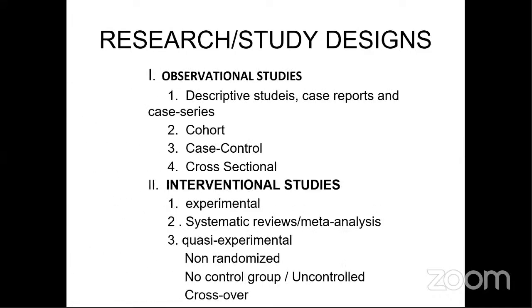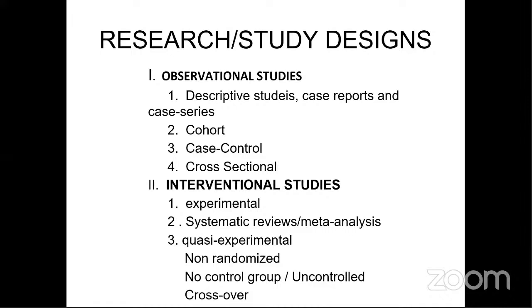So these are the examples. It could be an observational study. So these are descriptive studies such as case reports and case series. Case reports would be a rare disease being written about, and then you see observed findings.